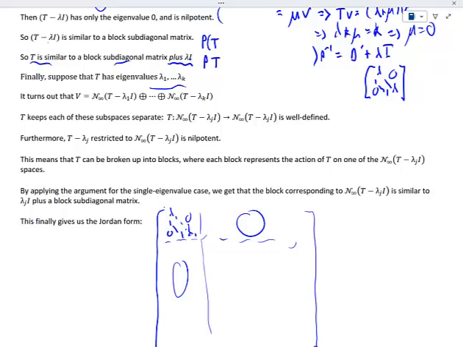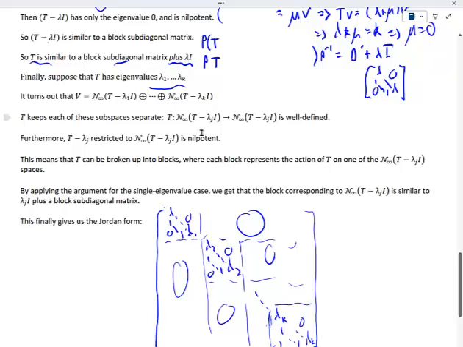The next block could be the same lambda, but I'll just make it lambda 2. You could have multiple blocks with the same lambda, but I'll make it this way, and then these are 0s. Then you keep going down, and the last block is going to look like lambda k, 1, 1, 0, 0.